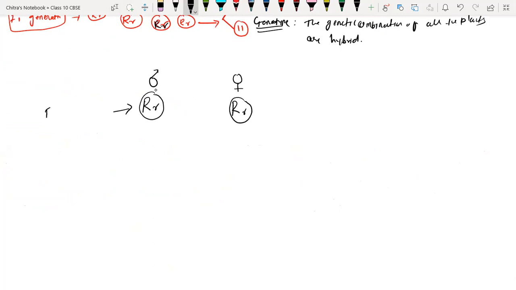So this is the F1 generation. Mendel has sown the seed of F1 generation in his own garden, and he allowed them for self-pollination. Now this hybrid plant will produce gametes, one is capital R and the other small r.